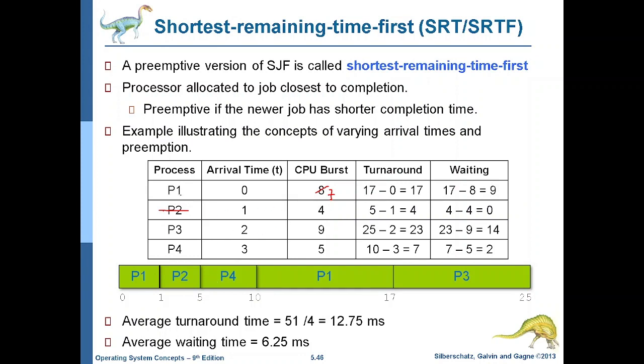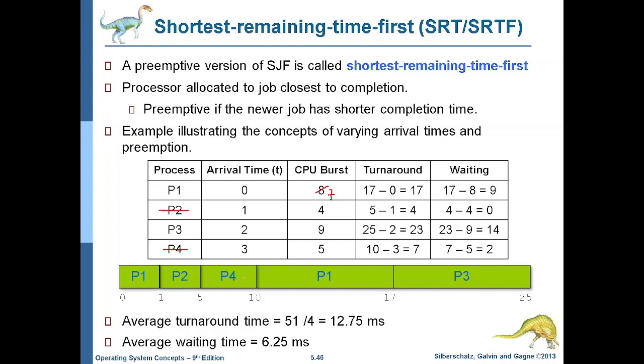So we will compare P1, P3, and P4. Compare the CPU burst time, which is the smallest? As you can see, the smallest CPU burst time is P4, which is 5. So we will execute P4 at time 5 until it finishes, because it is the smallest. P4 is executed from 5 until 10. So P4 has already finished too.